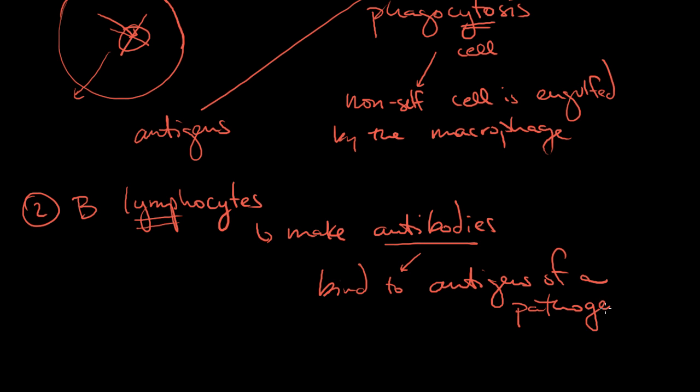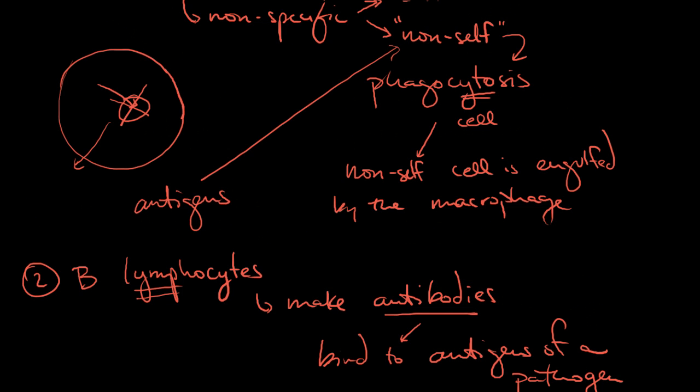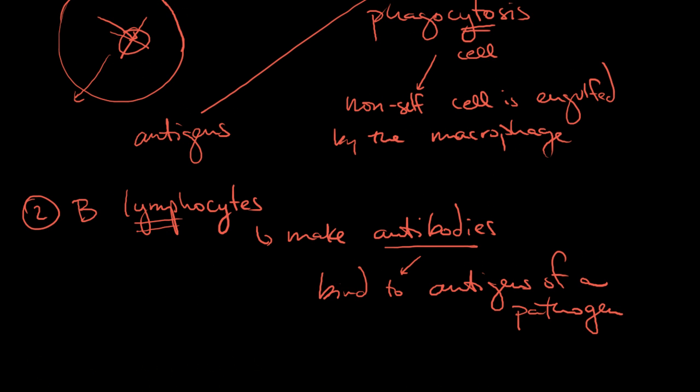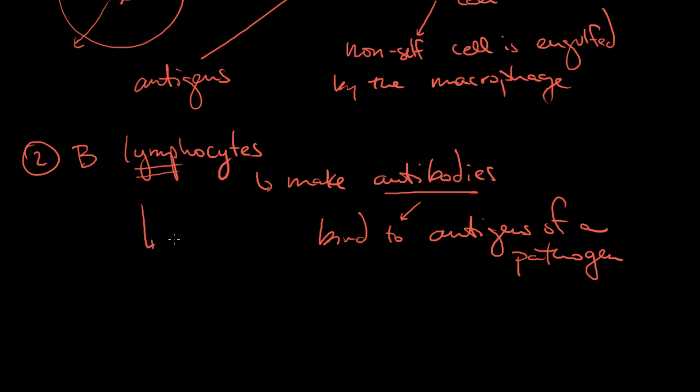So remember that antigens are the non-self proteins, and the macrophage is non-specific, but the B lymphocytes are specific. So we have lots of different kinds of B lymphocytes based on the different kinds of pathogens that have made it all the way into our bloodstream, past our skin, past the mucus, past the stomach, and the B lymphocytes are very specific for that.